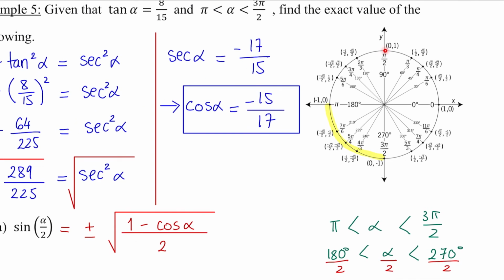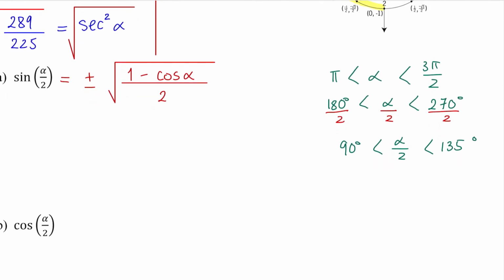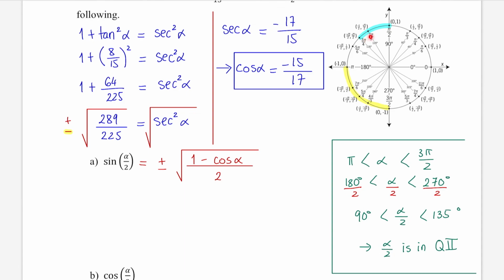90 degrees is here, and 135 degrees is here. So my alpha half is from here to here. It's in the second quadrant. In the second quadrant, sine is positive. So in this case, sine of alpha half is positive.